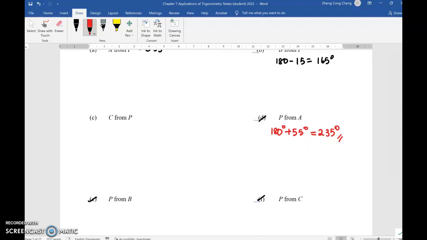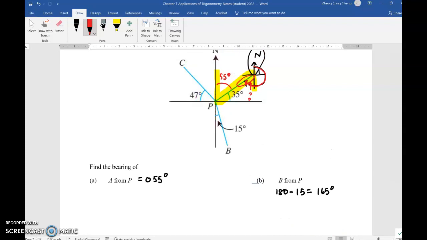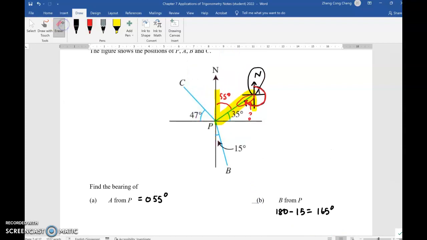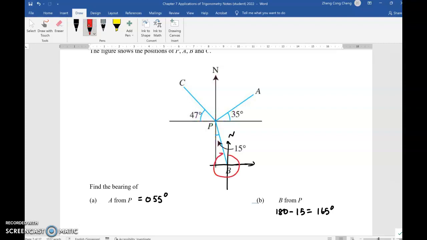Next, how about P from B? Since it's from B, I will have to draw a north at my angle B. So let me first start off by drawing a north at B. Since bearing says that we have to turn clockwise, the angle that we are looking for will be this angle here.